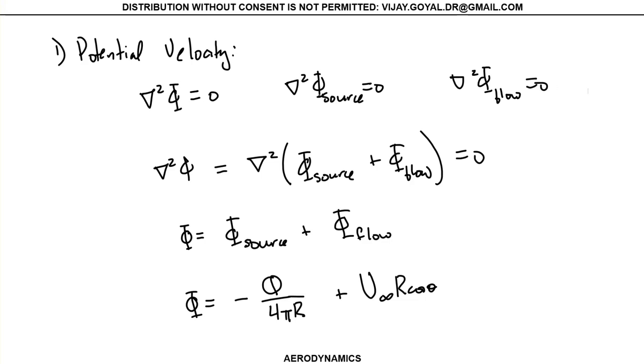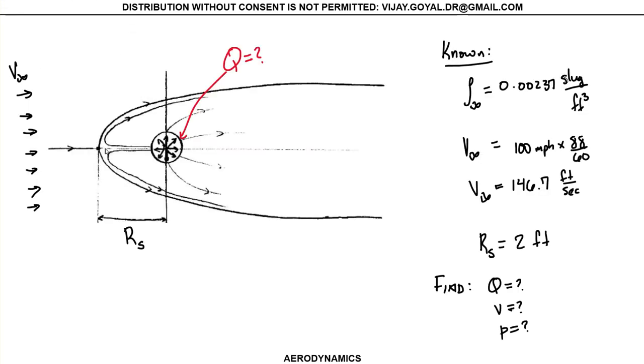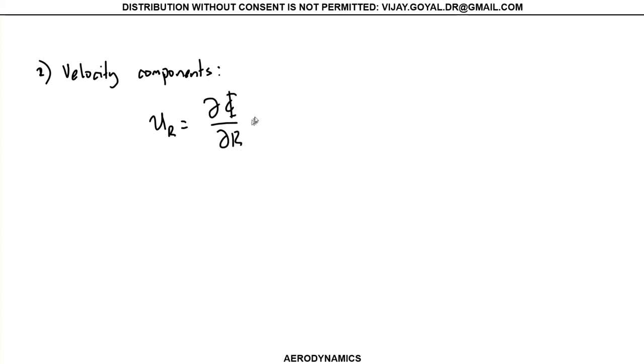The second thing we're going to need in the problem is we need to find this point here, such that there's a stagnation point. So we need to know our velocities. Okay, number 2, velocity components. So the velocity component of U r is equal to partial of phi with respect to r.